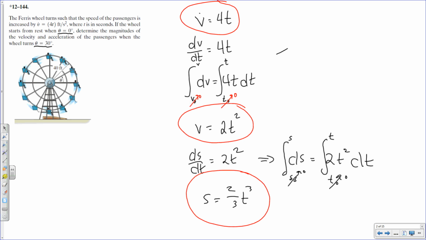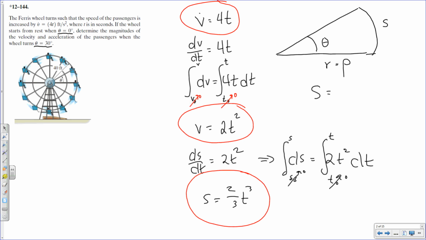But if we go back to our understanding of arc length and recognize that these individuals are on a circle passing through a distance s, we can relate s and theta to one another. They're related by the radius, or the radius of curvature rho, whichever variable you want to use.